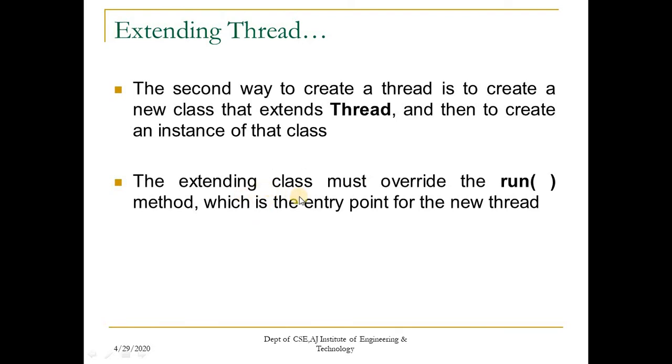The extending class must override the run method, which is the entry point for the new thread. As we have already seen the thread class, in the thread class there are some predefined methods, and among those methods we also have the run method and the start method. So when a class extends the thread class, it can directly use the methods of the thread class.